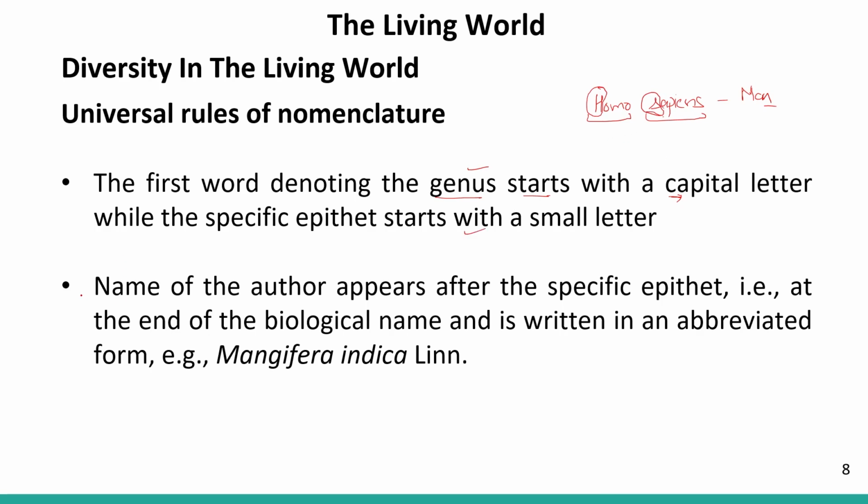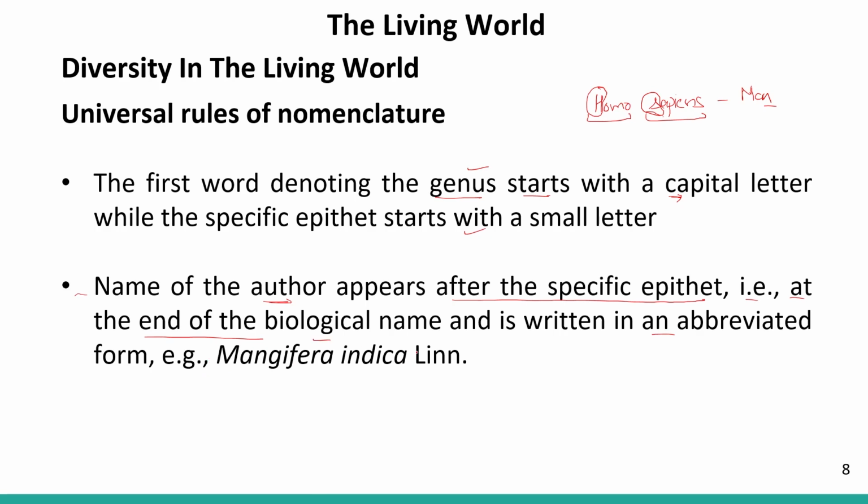Now, coming to the next point, the name of the author appears after the specific epithet, that is, at the end of the biological name, and is written in an abbreviated form. For example, Mangifera indica. Again, you can see there is no need to underline because it is italicized.